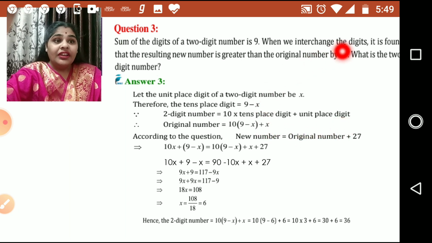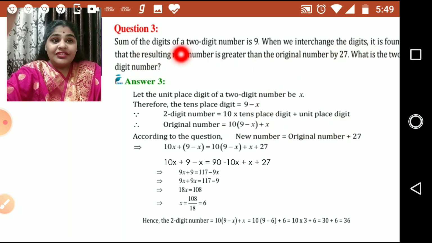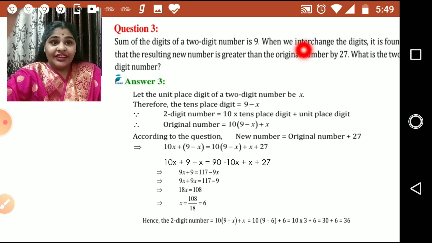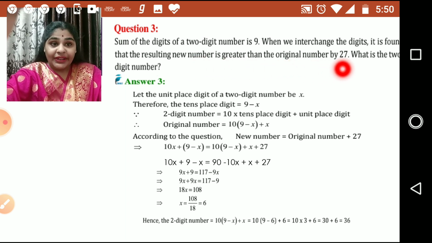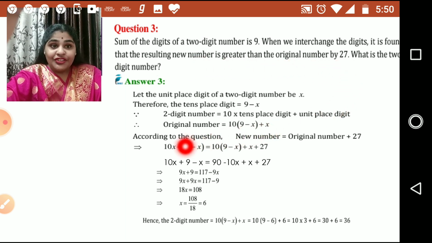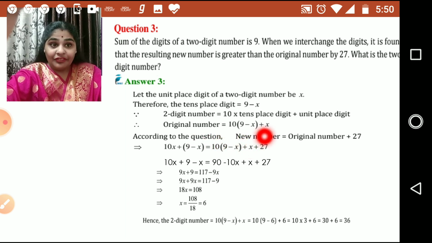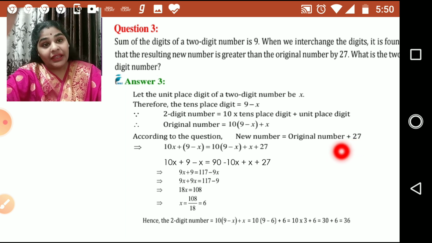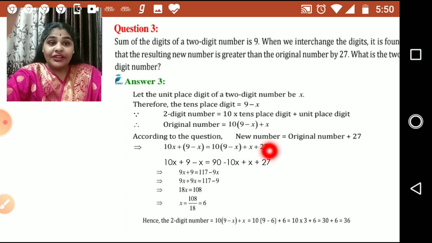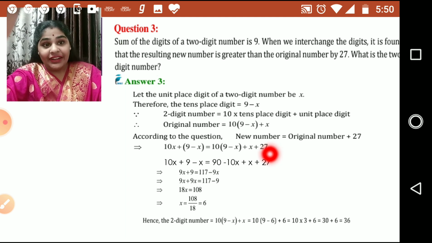So when we interchange, it is found that the resulting new number is greater than the original number by 27. So according to the question, the new number will be equal to the original number plus 27, as it is greater. Greater means plus 27. So what is our new number when we interchanged our digits?